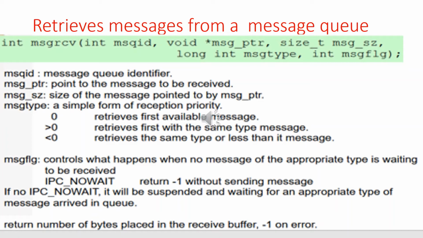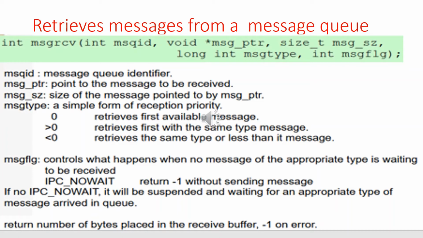For msgrcv, we consider the function that returns an integer value: int msgrcv(int msqid, void *msgptr, size_t nbytes, long int msgtype, int msgflg). This function returns the size of the data pointed to by the message if it is okay, otherwise -1 on error.